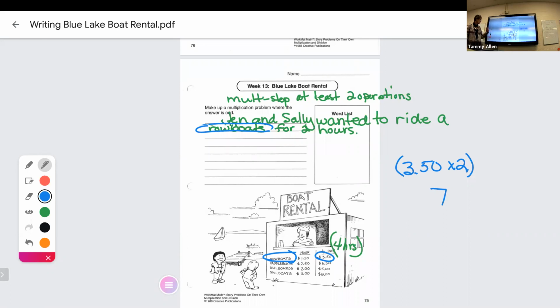Can we do something else besides rowboats? Sailboats. What about sailboats? What can we do with sailboats? Each of them ride a sailboat for an hour? But that's easy.